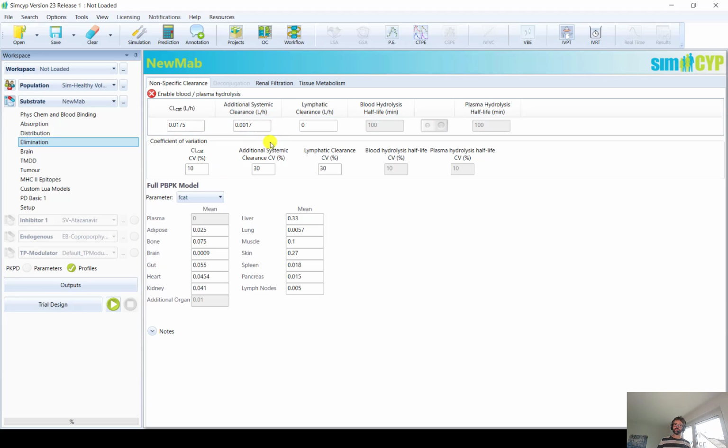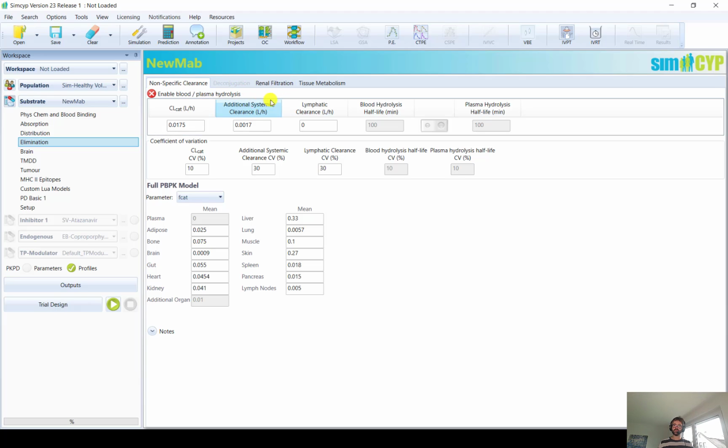What we also have is an additional systemic clearance that drains the drug from plasma in a linear way, and it describes all the pathways that we are not accounting for in the Simcyp simulator. So that might be uptake by non-FcRn expressing cells with subsequent degradation, or it might be any interaction with immune cells like macrophages that are not modeled in the Simcyp model.